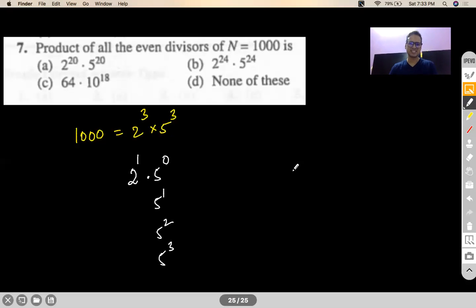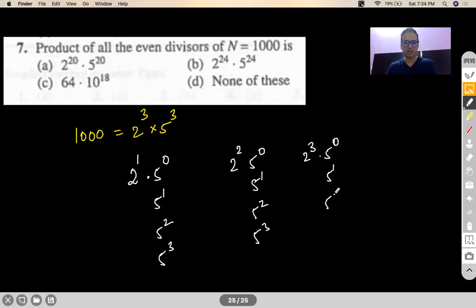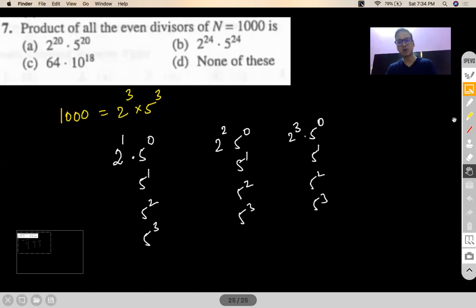Or I could have 2 to the power 2, again with 5 to the power 0, 1, 2, 3. Again 2 to the power 3, I can have 5 to the power 0, 1, 2, 3. So these are the numbers which are all even divisors of n.